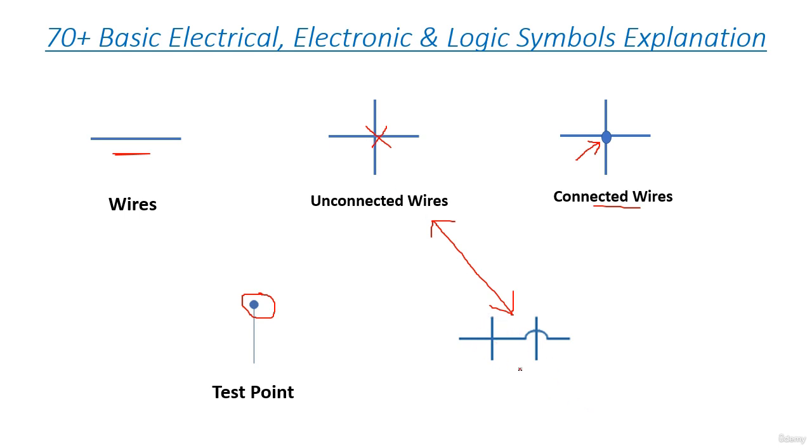Also, this is another presentation of an unconnected wire. So when you find this shape or this, it means it is an unconnected wire. Okay? So let's go to the next slides.